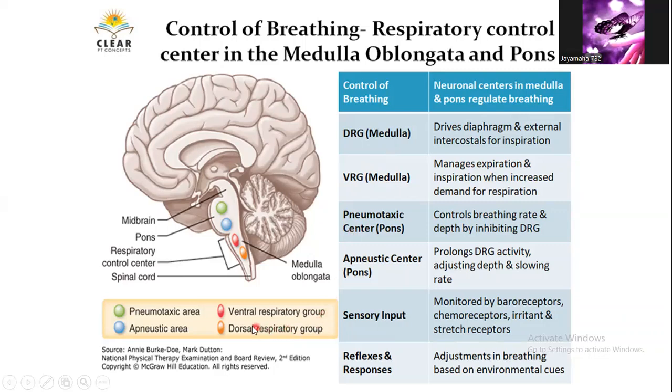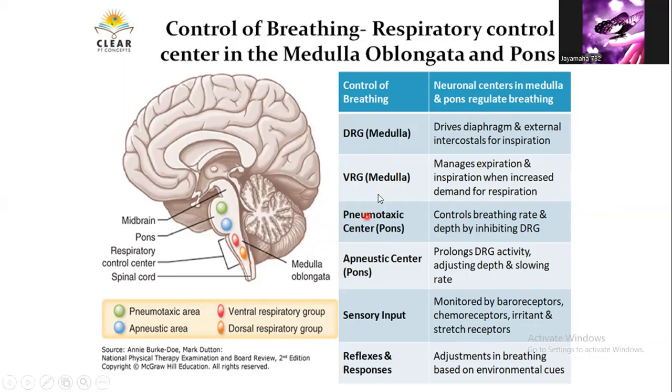The function of the DRG, here in the orange color, is that it's responsible for the normal rhythmic breathing and it drives the diaphragm and external intercostal muscles for the inspiration.